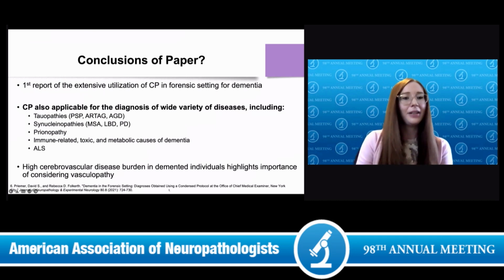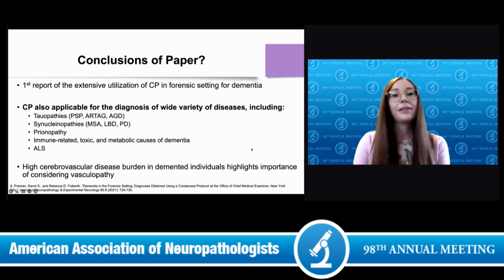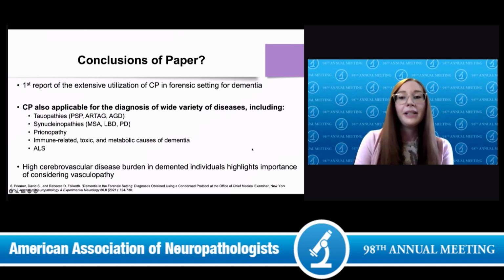And interestingly, they highlight that the high cerebrovascular disease burden in demented individuals specifically highlights the importance of considering vasculopathy when assessing cases neuropathologically for dementia.